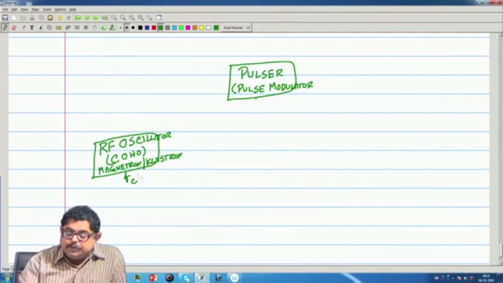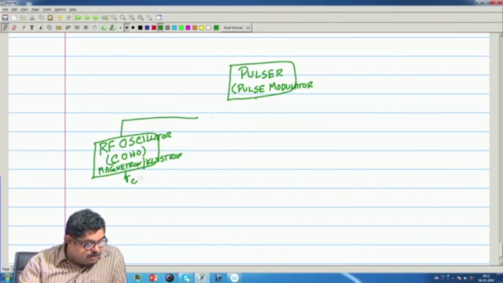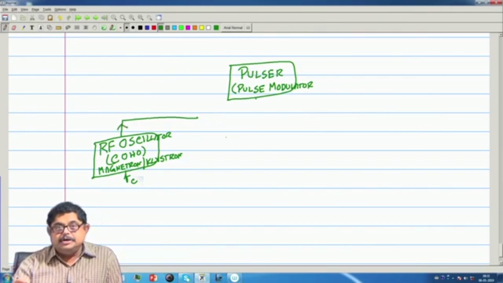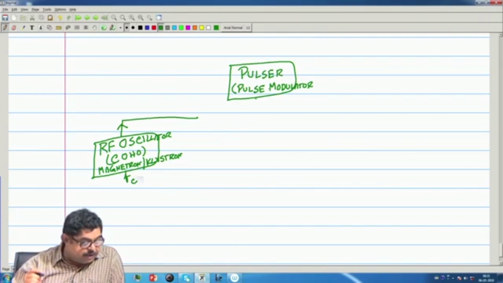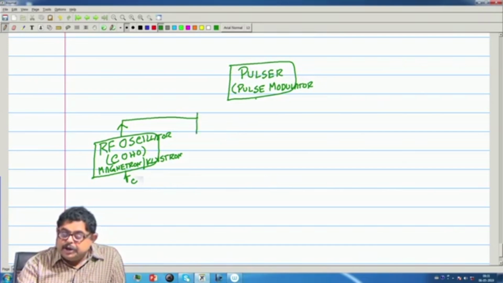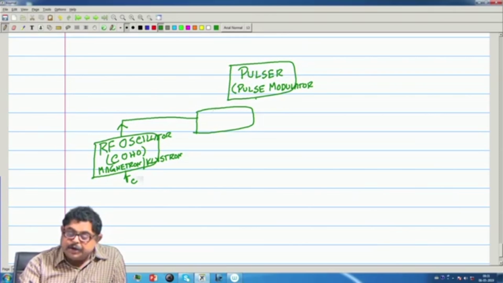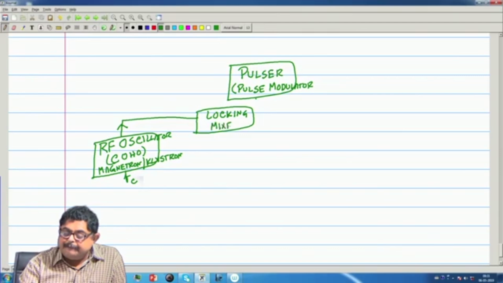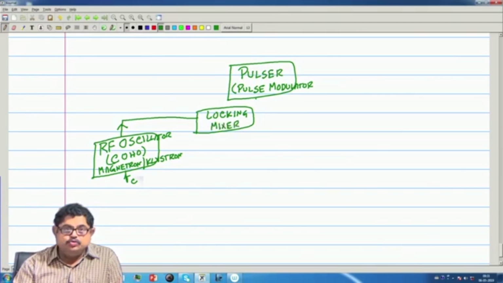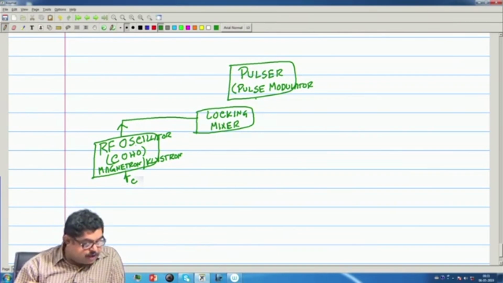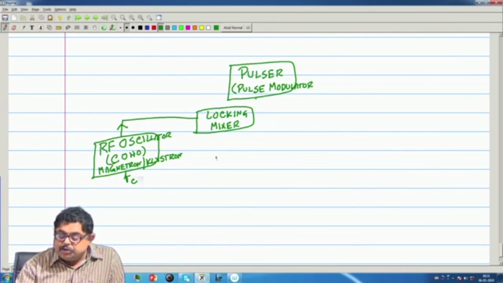Now, this FC signal is not transmitted directly or given to the pulsar directly. There is a locking mixer, basically an RF mixer. So, a mixer requires two inputs. One of them is FC, and there is also another oscillator.